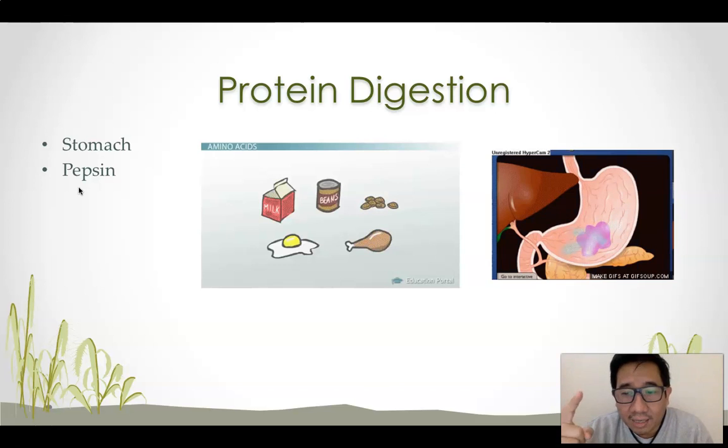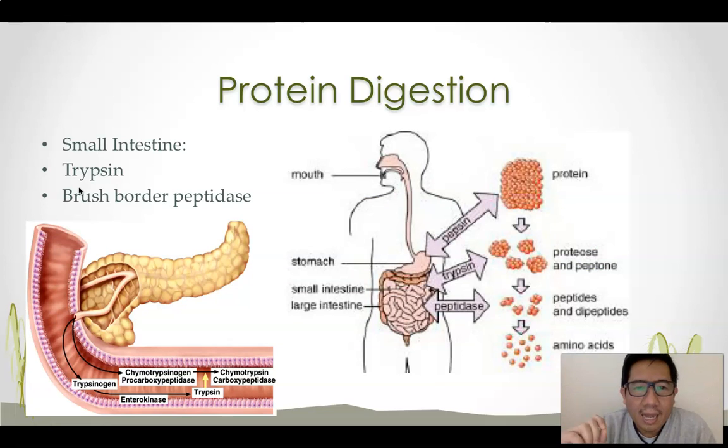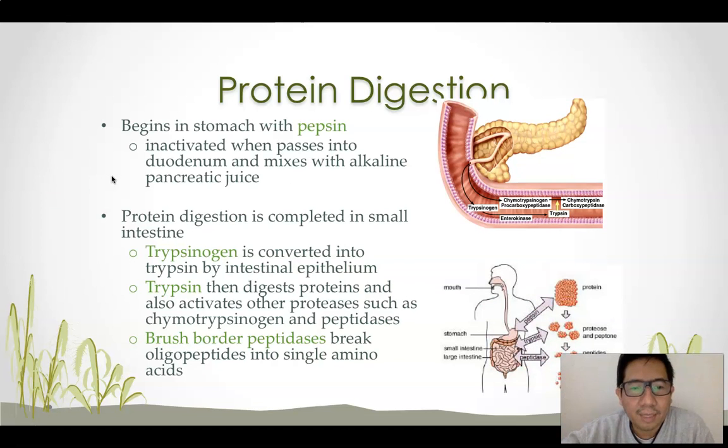Yes, it's chief cells. Chief cells release pepsinogen that converts into pepsin, and that breaks down protein. The final stop of protein is your small intestine, which has tons of enzymes like trypsin, chymotrypsin, and peptidase. All of these break down protein into little tiny pieces of protein.